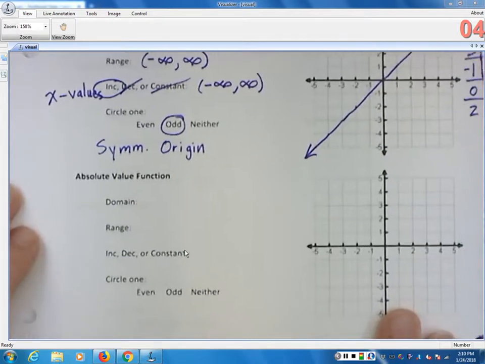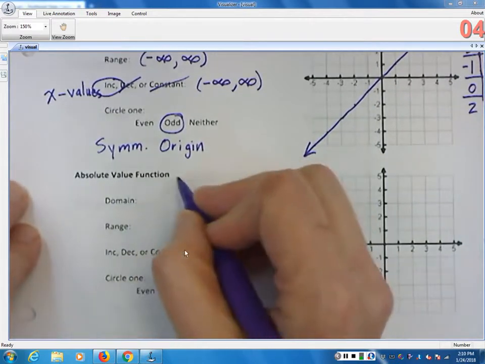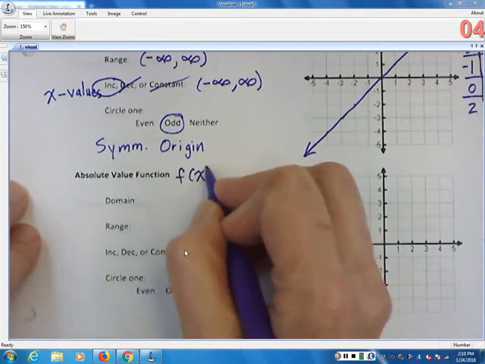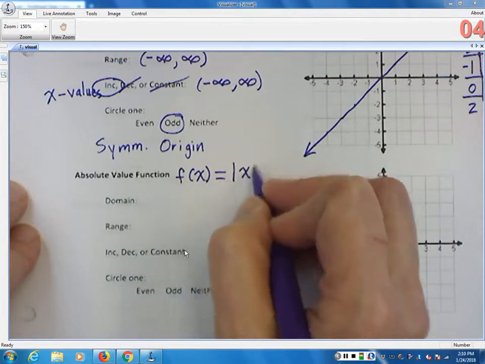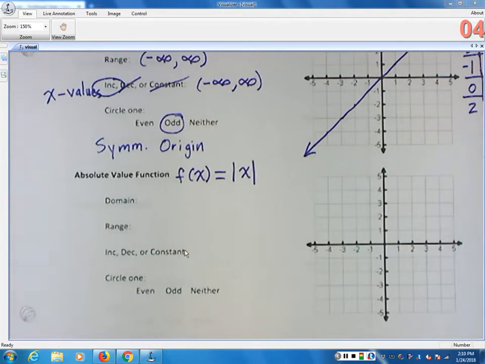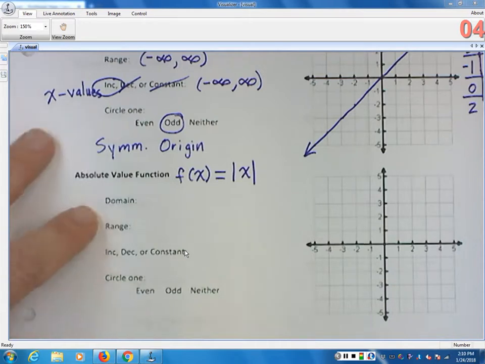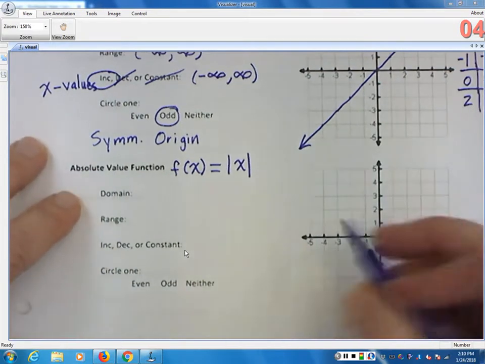Okay, the absolute value function, f of x equals the absolute value of x. So the vertical lines. Let's graph it first.